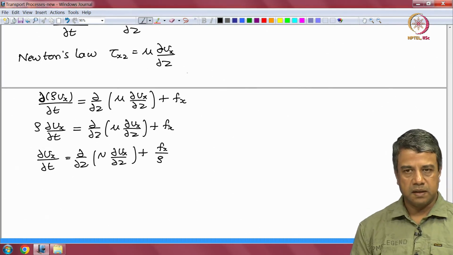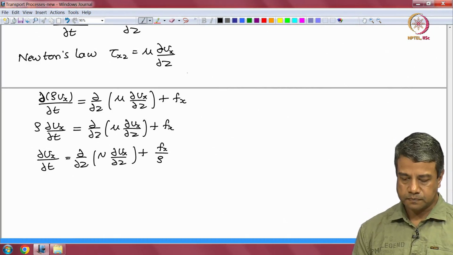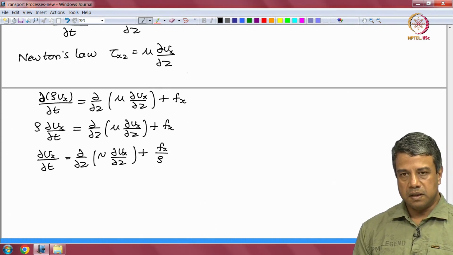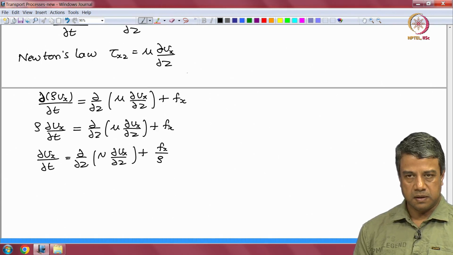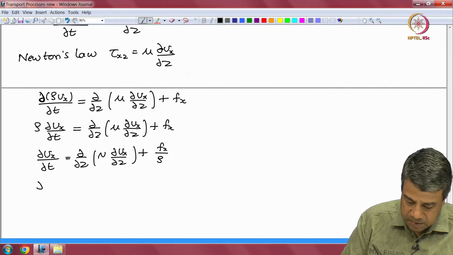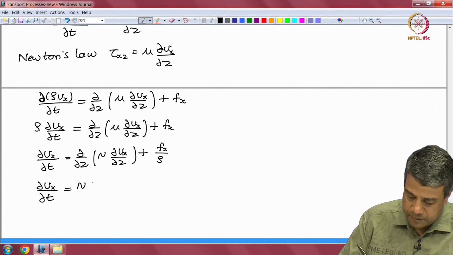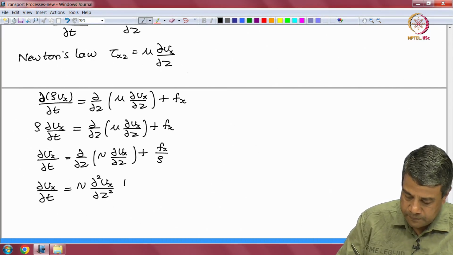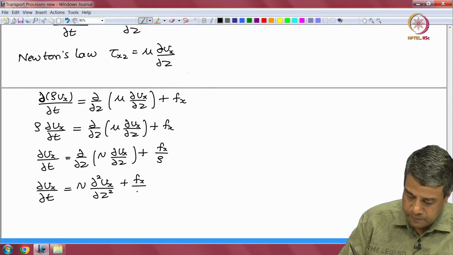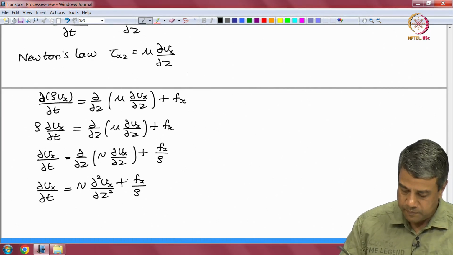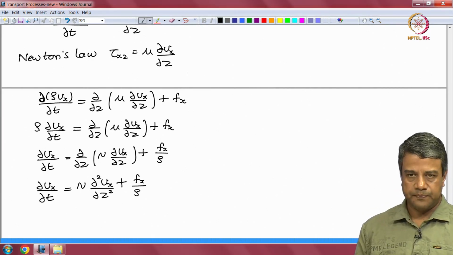And mu by rho is the kinematic viscosity, nu, or momentum diffusivity. If momentum diffusivity is also a constant, then the equation becomes partial v x by partial t. So, these are the equations.